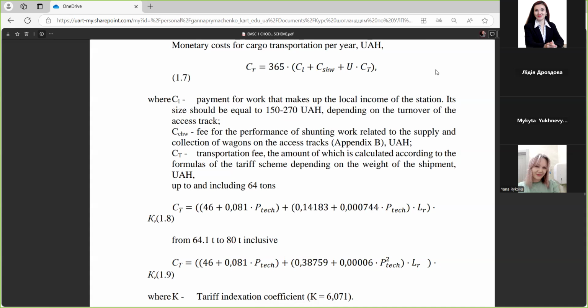And calculate the result. It will be a big amount of money because it is per year, per 365 days. So it will be a big amount of hryvnias. Please calculate it. You can leave two digits after the comma. It will be enough.